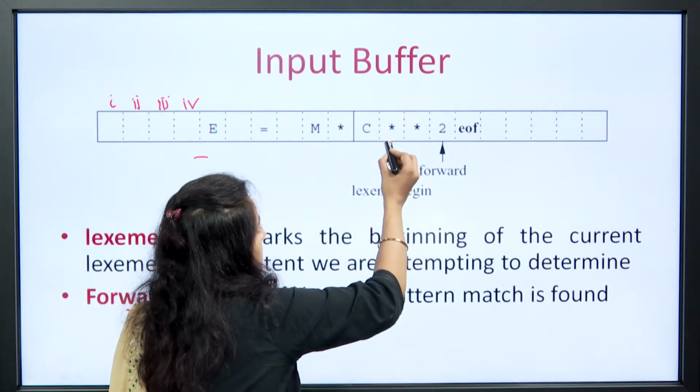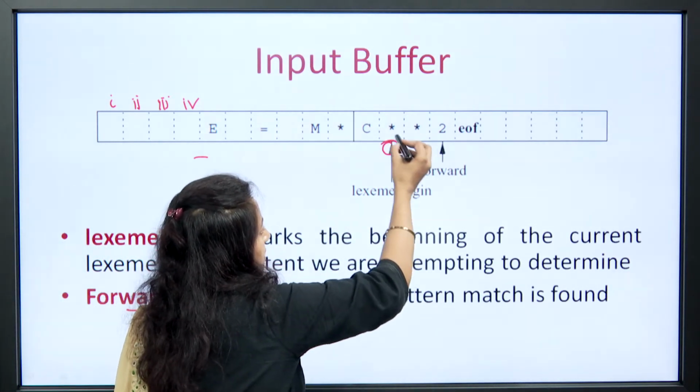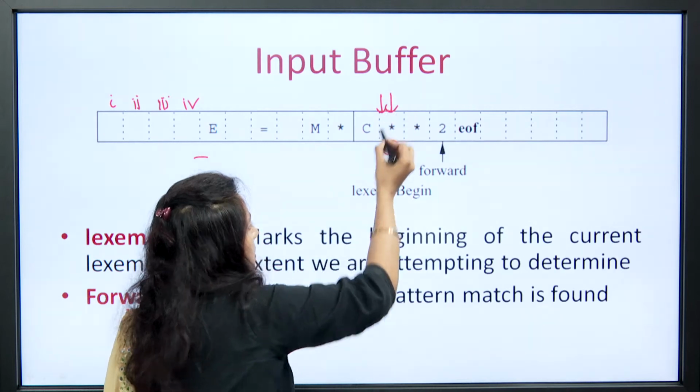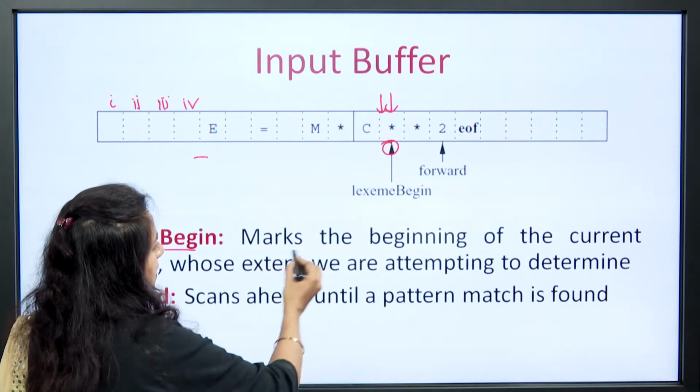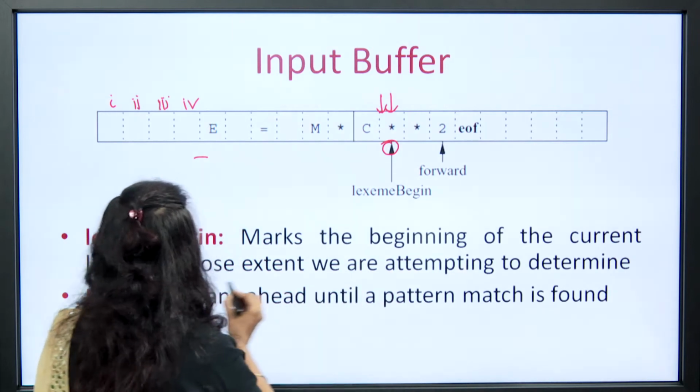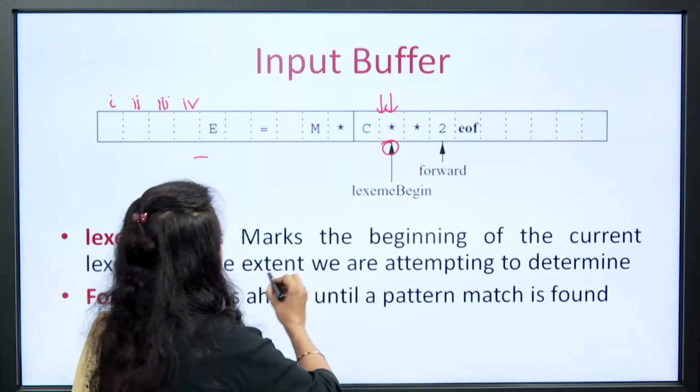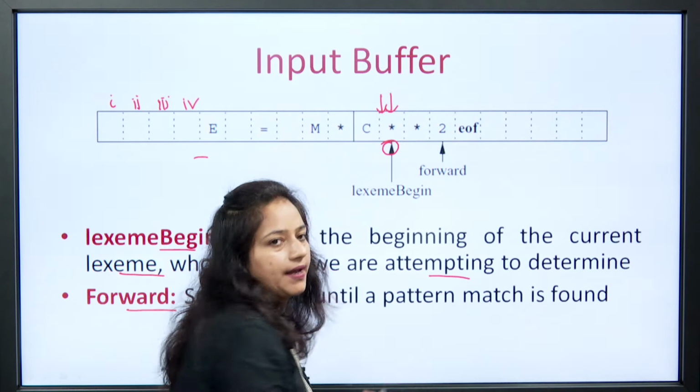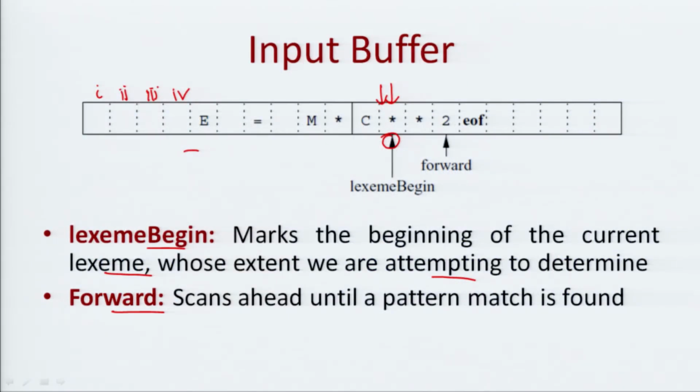Initially both pointers point to the same cell. The lexeme beginning pointer points to the beginning of the current lexeme whose extent we are attempting to determine, and the forward pointer scans ahead until a pattern match is found.